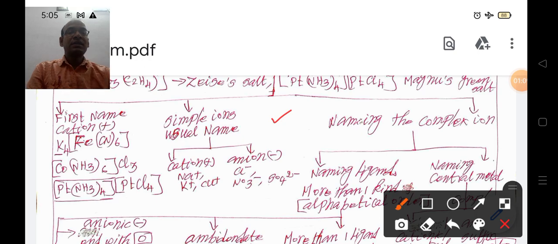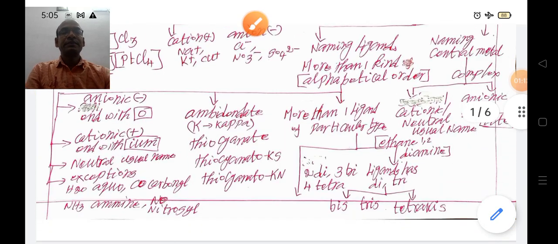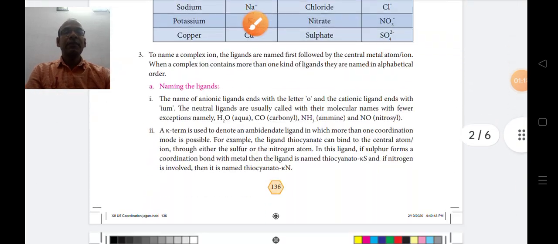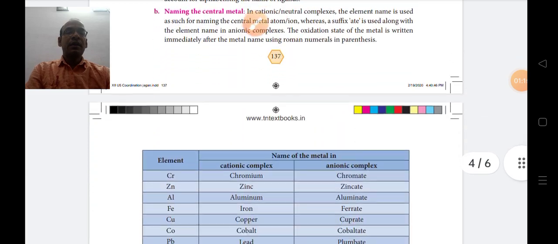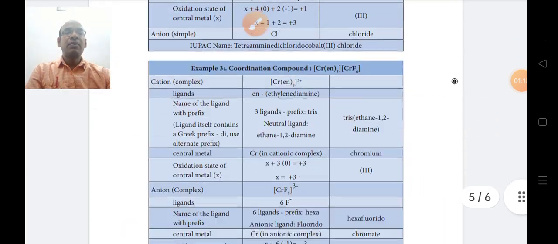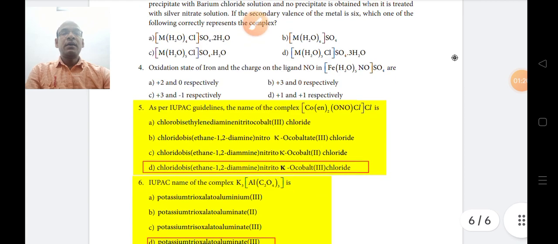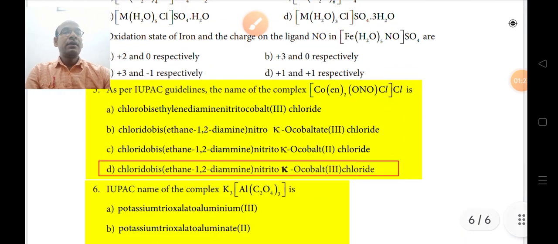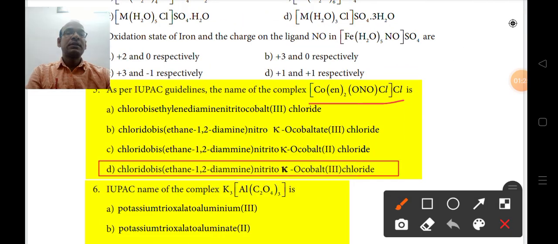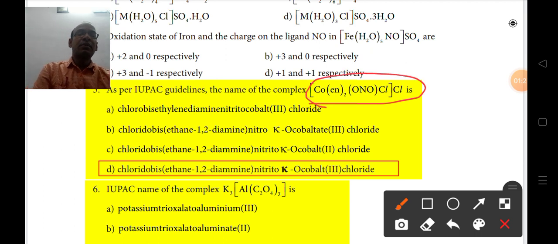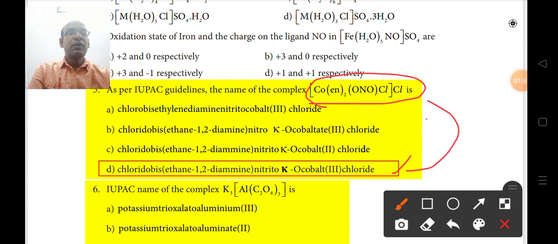The only question asked is: they give the structure of the compound like this, and you write down the name. Otherwise, the reverse: the name is given, and you write the structure of the compound. These are the questions based on IUPAC names.